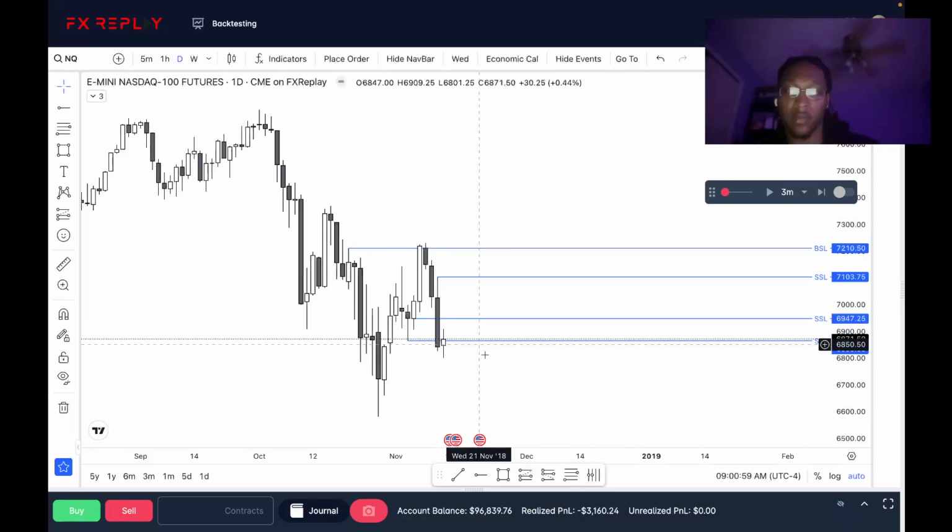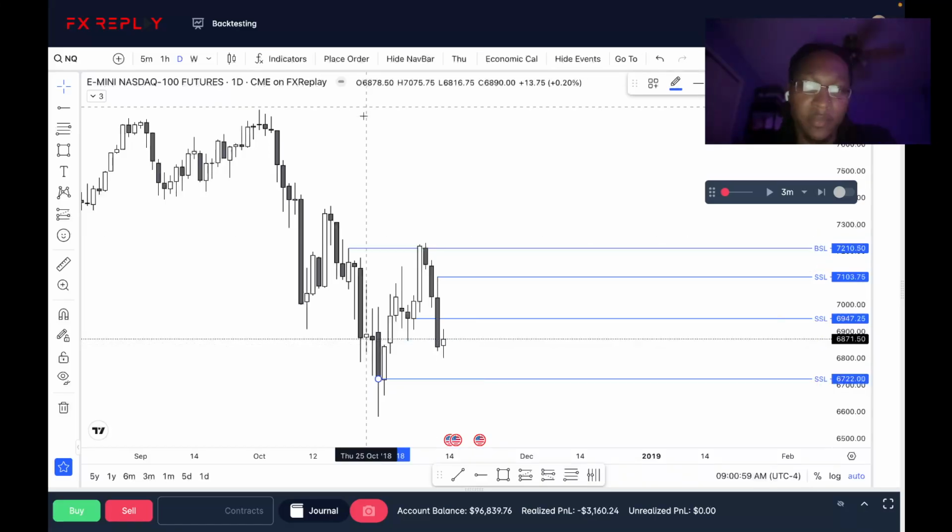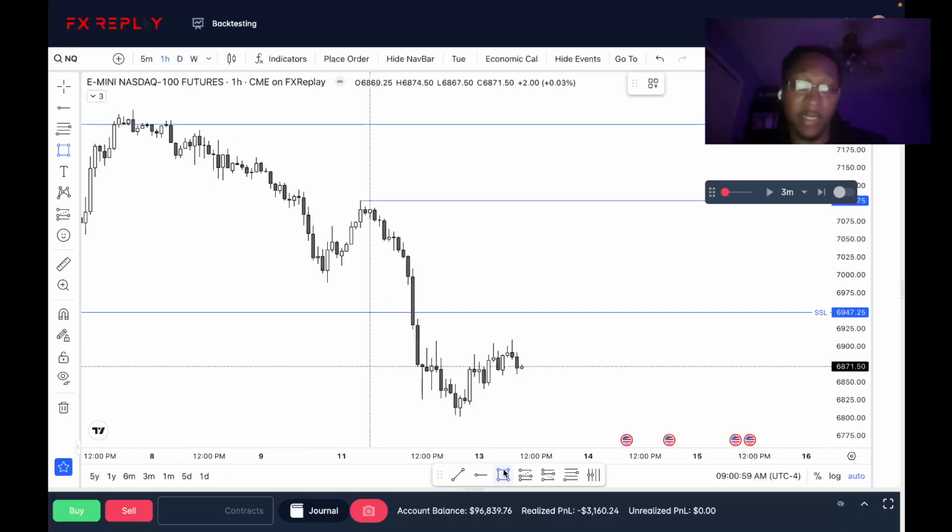So that lets me know that we may still continue to push lower, but we do have a gap here, this volume imbalance that we can take a peek into before dropping lower. So what I would like to see is a run into this up here and then a trade lower. So I'll use this as an old low.